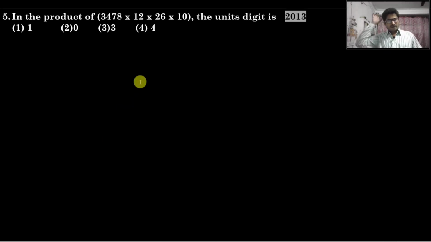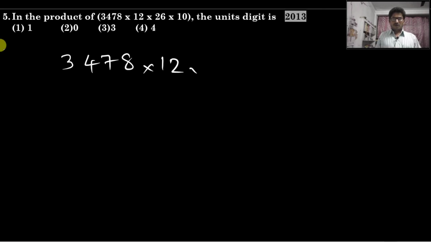Question number 5. In the product of 3478 into 12 into 26 into 10, the unit digit is? By observing, we can identify the answer.